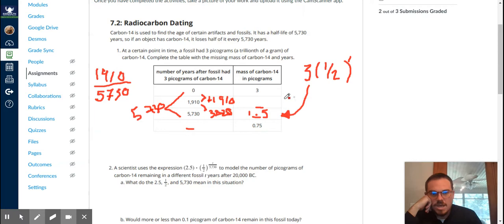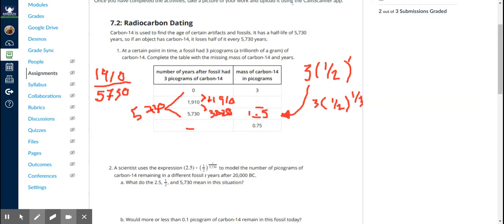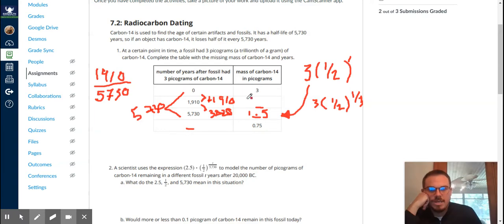So that's 1/3 of a cycle that's gone by: 3 times 1 half to the power of 1/3. Now we can type that into Desmos. We just have 1/3 as our power. So 3 times 0.5 to the power of 1/3 is going to equal 2.38.